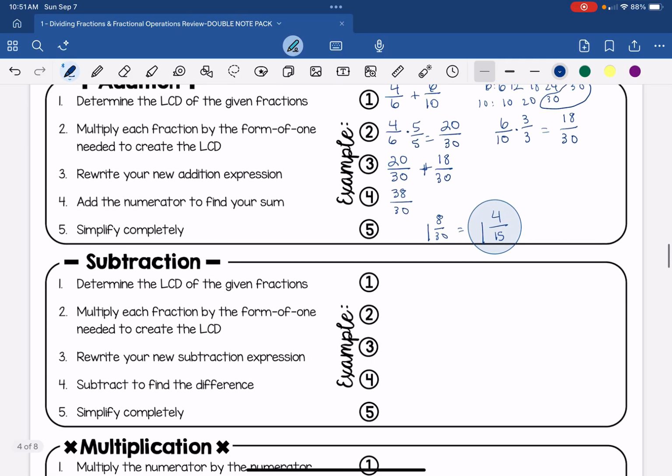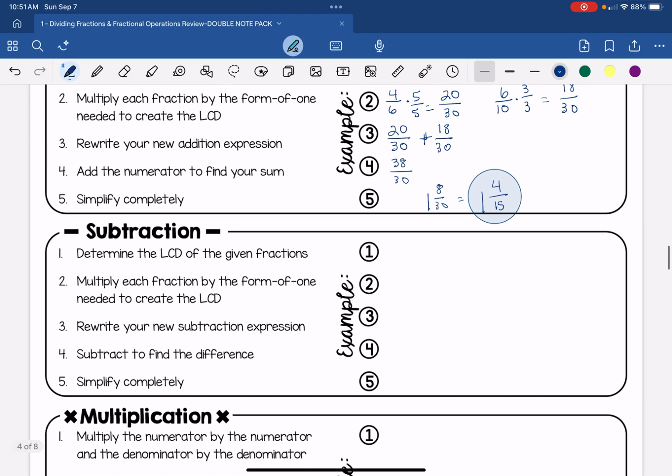Subtraction, you do the same way, except you're subtracting. So our problem is 11/15 minus 2/5. I know that 5 goes into 15, so my bottom number here is 15. I'm going to leave it the same.